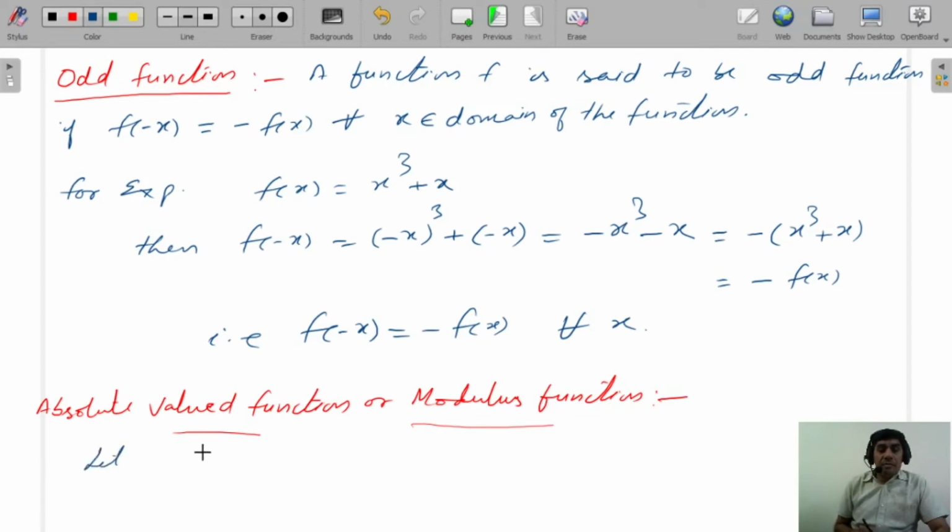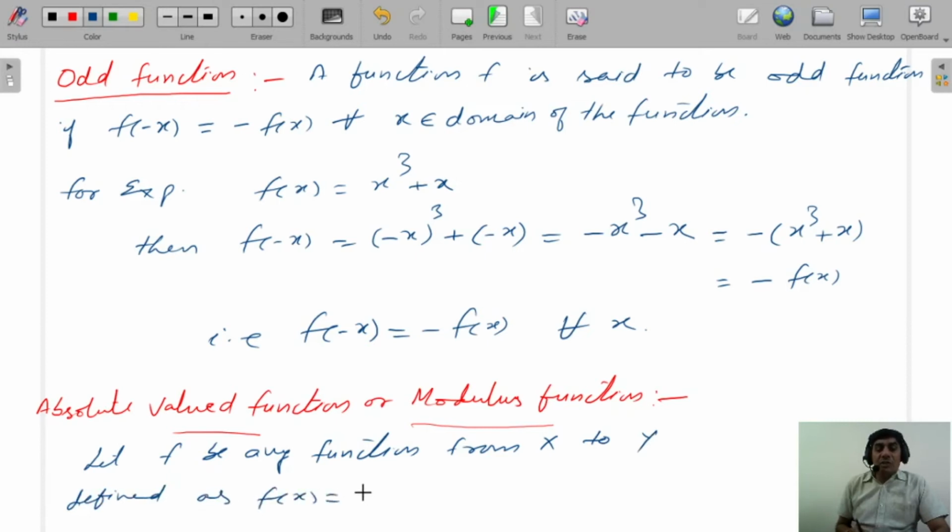Let f be any function from capital X to capital Y defined as f of x is equal to modulus of x for every x belongs to capital X.